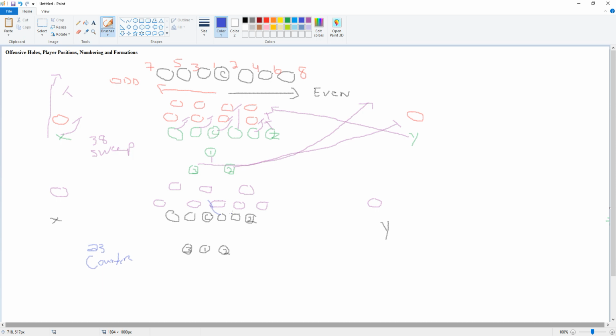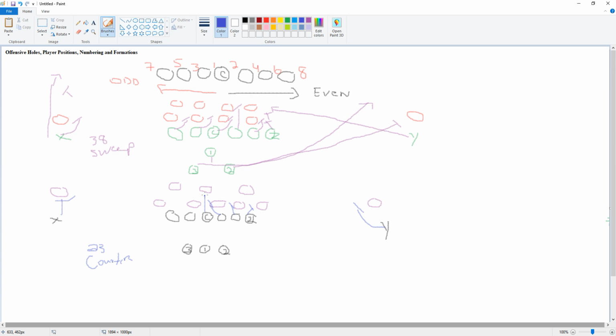Our Z can seal here, okay. The X and Y, they're going to seal their guys. The best thing probably to do here is for the center to go to this backer, seal here.